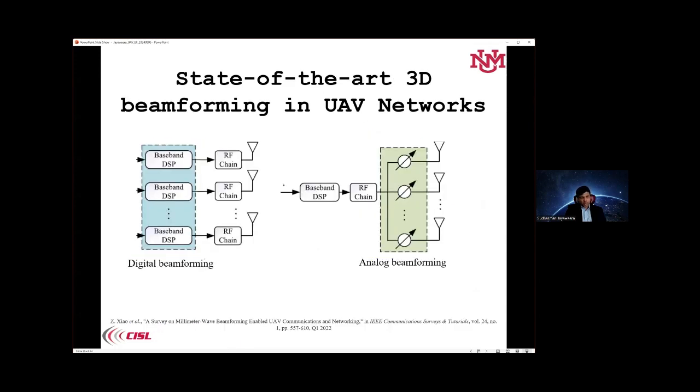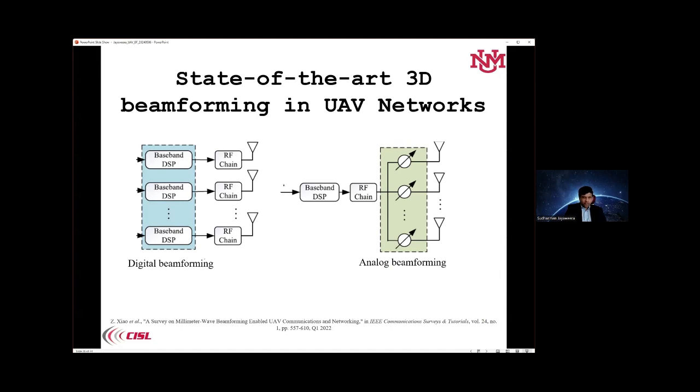Similar to the earlier 2D case, state-of-the-art 3D beamforming in UAV networks has been proposed that uses analog, digital, as well as hybrid beamforming. In the case of digital beamforming, similar to the earlier case, you can use the planar antenna arrays to apply the beamforming weights in the digital baseband and then do the RF up conversion.